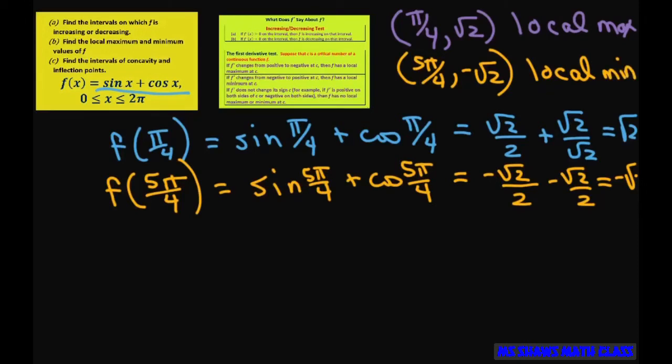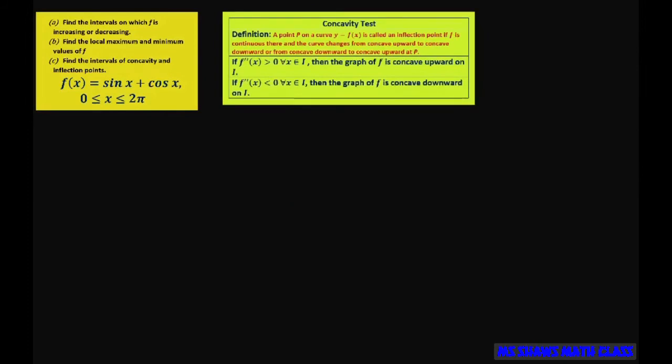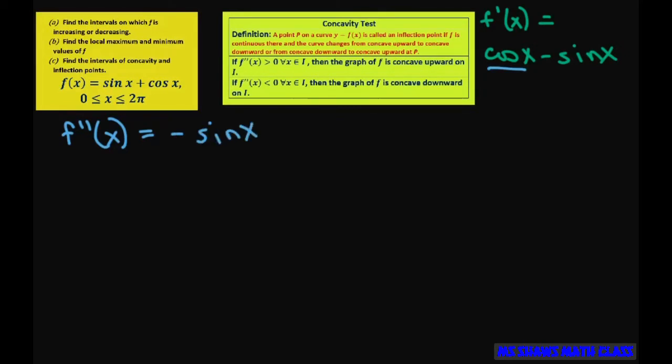All right. Now the next thing we have to do is find the intervals of concavity. And that's going to be your second derivative test. So our first derivative, f prime of x, was cosine of x minus sine of x. So when you take the second derivative, you're going to get derivative of cosine of x is negative sine of x, and then derivative of negative sine of x is negative cosine of x, and set that to 0.